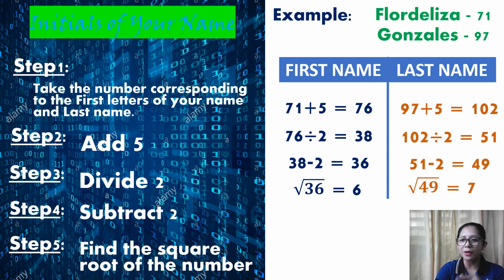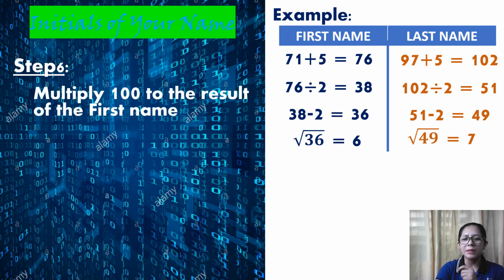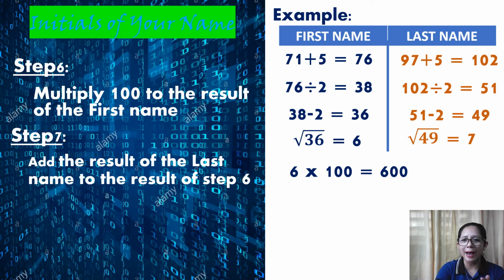Okay, take note of the results of your first name and your last name. Okay, next step is multiply 100 from the result of your first name. So that is 6 times 100. So we have 600. Next is add the result in step 6 with the result of your last name.